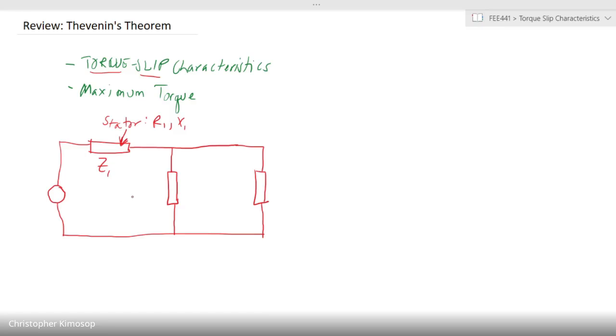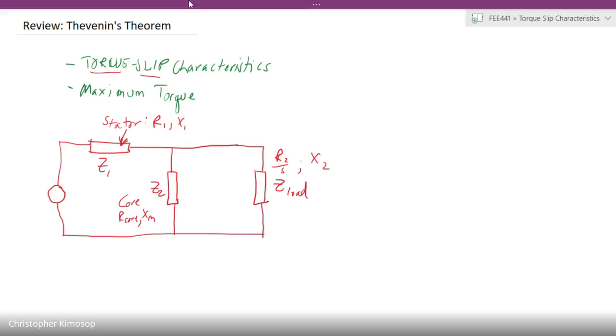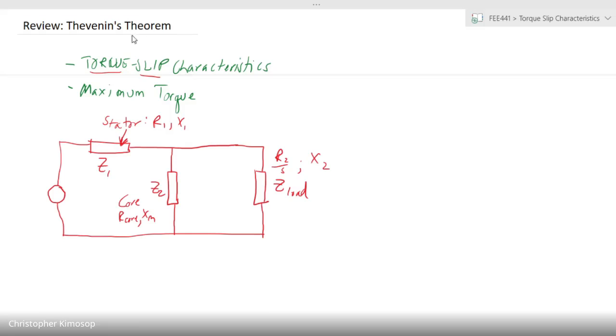At the same time, within the stator, we had some elements in the core, which were R core and X magnetizing. Let's call that Z2 here. Let's now assume, for purposes of this demonstration, that this is the load, which is our R2 over S and our X2, on this side of the equivalent circuit.